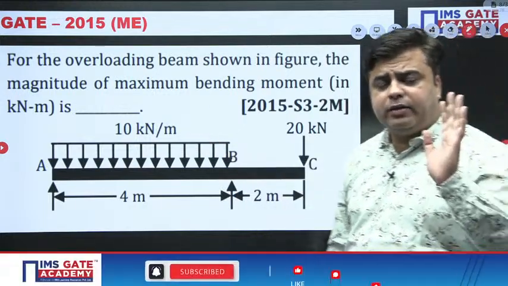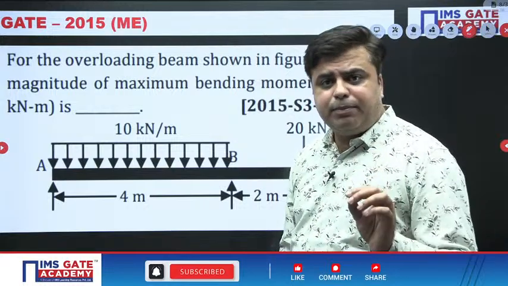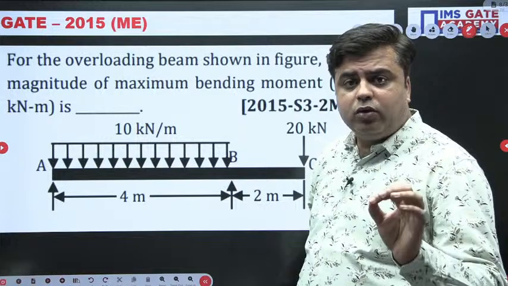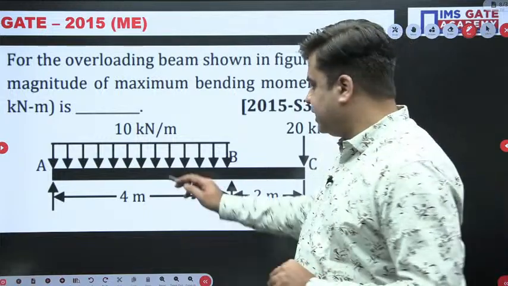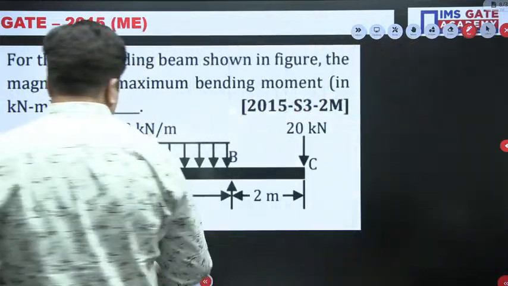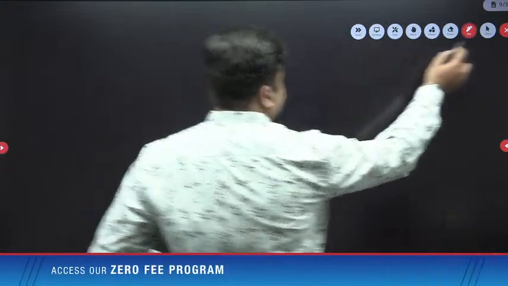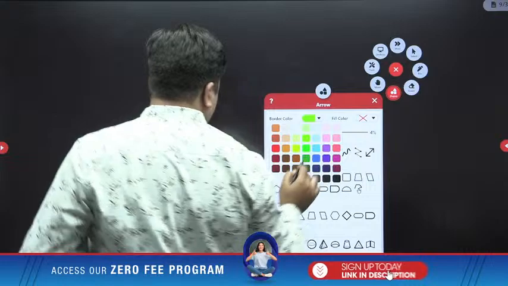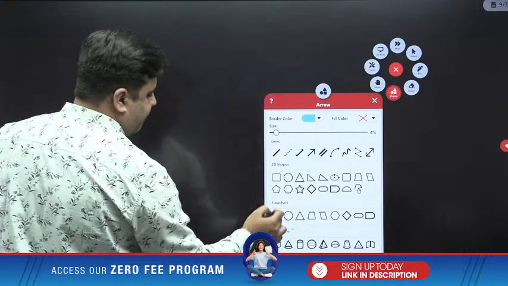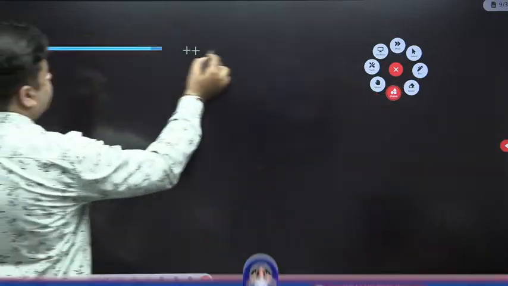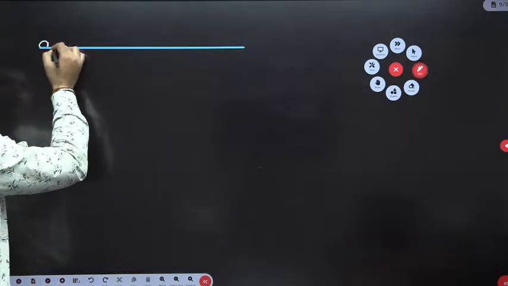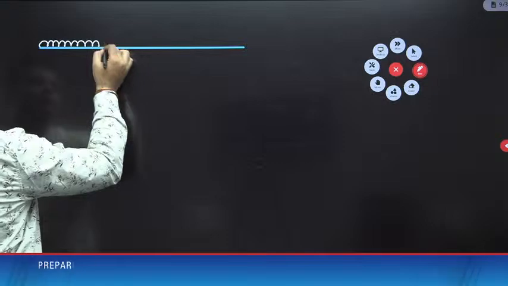Again, for drawing the bending moment diagram, step number 1 is you need to calculate the support reaction for this beam. So you have a beam like this.